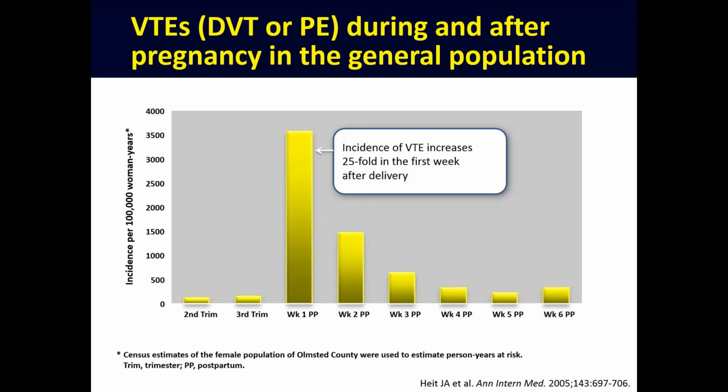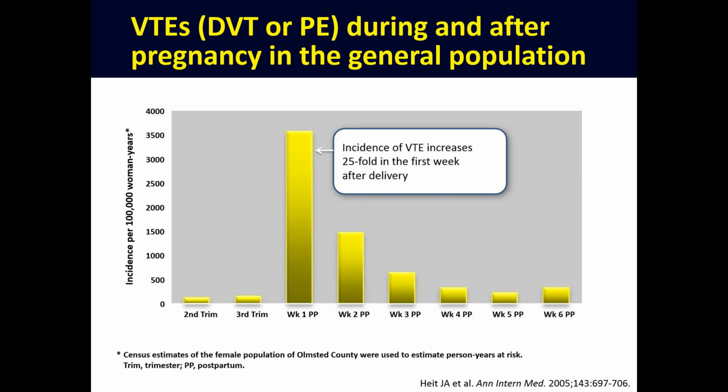So this was a very nice study by John Haidt. This is a population really taken from the general population. These aren't antithrombin deficient women per se, but it highlights the skyrocketing of VTE risk in the first postpartum week, especially in the first day or two postpartum, that then gradually returns to baseline.